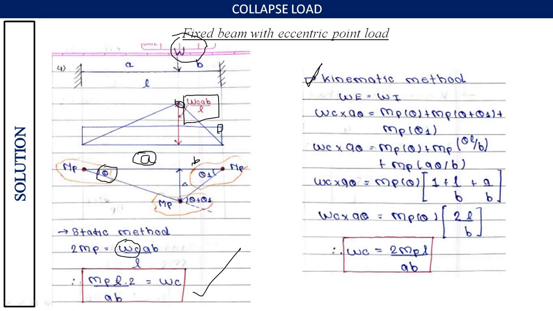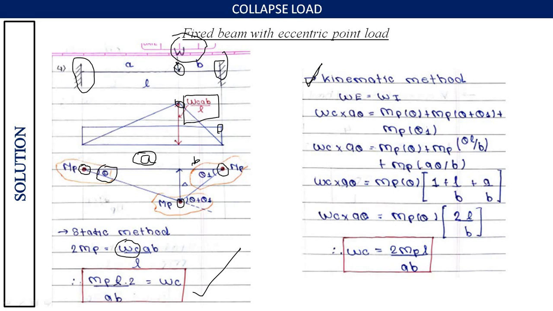So the external work will be Wc into a theta. Now let us consider the internal. Here it is fixed, so it will create one hinge and moment over here. It is internally fixed over here, so it will form a hinge and moment over here, and also this is fixed, so it will form a hinge and moment over here.